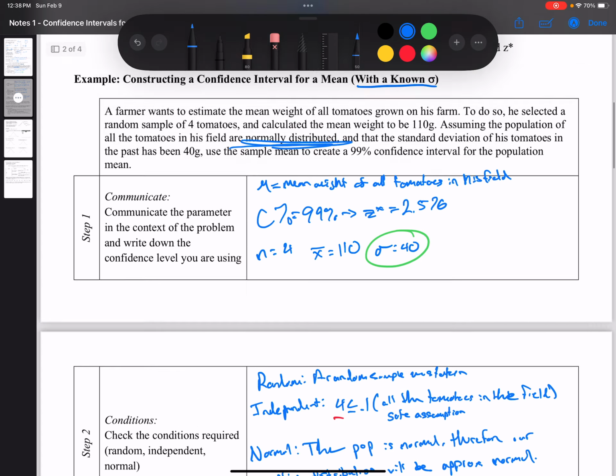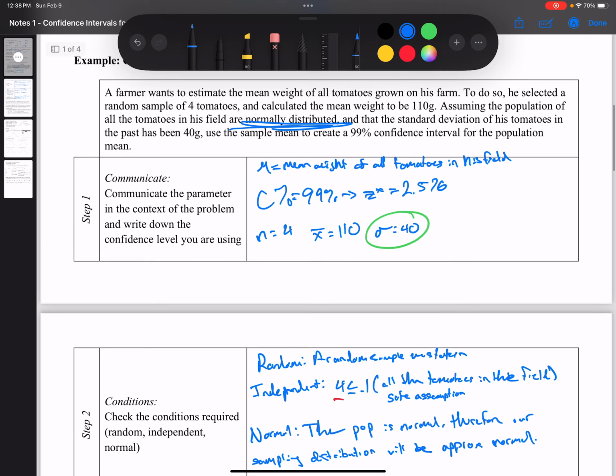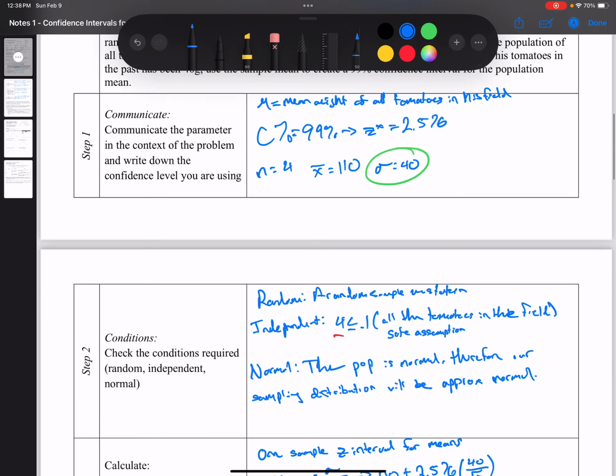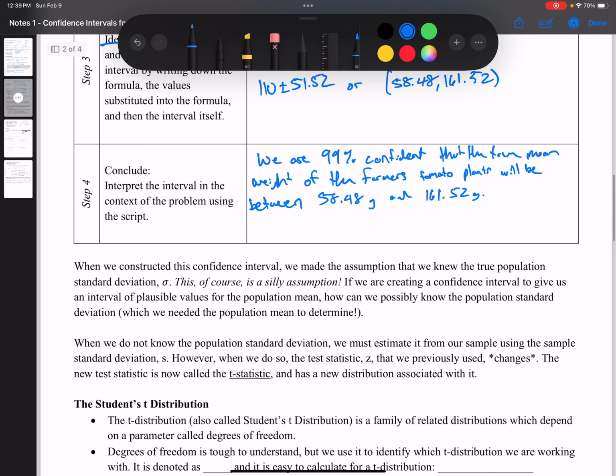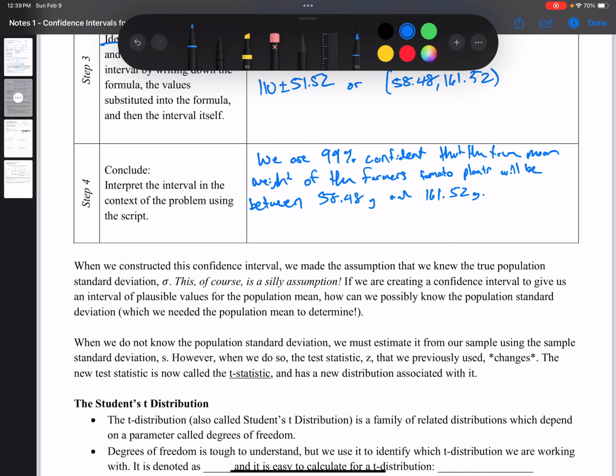Now let me go about why I keep talking about having the whole population standard deviation. This is where the means get a bit tricky. When we constructed this confidence interval, we made the assumption that we knew the true population standard deviation. This is a silly assumption that we should never make. Remember, in order to find the standard deviation, we have to know the mean.